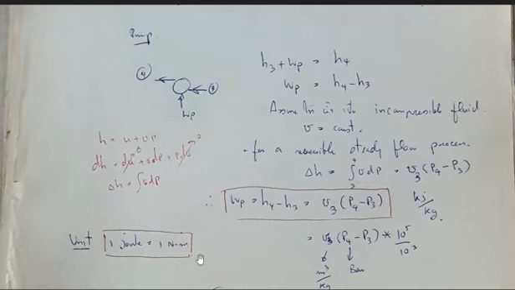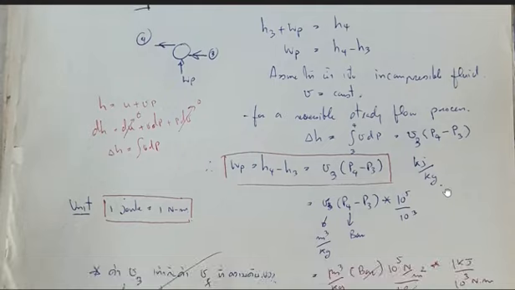And we can write the work supplied to the pump as H4 minus H3 equal V3 multiplied by P4 minus P3. And we want the unit to be kilojoule per kilogram to be consistent with the other values.